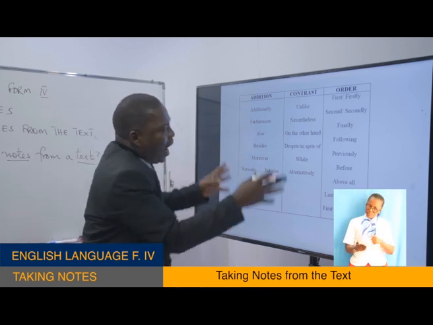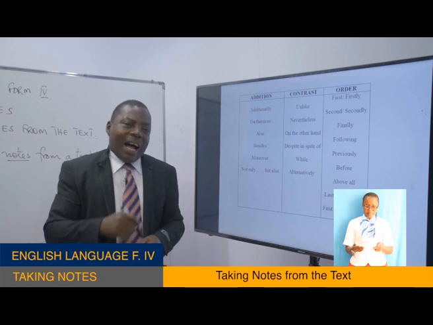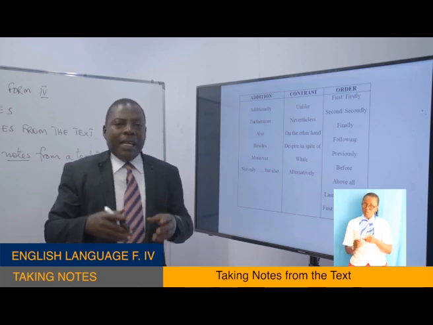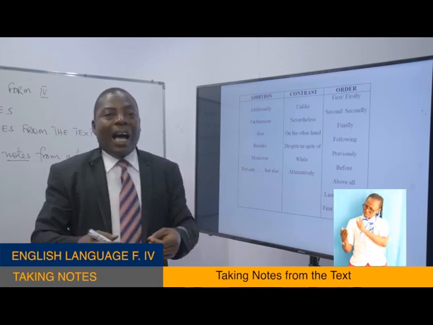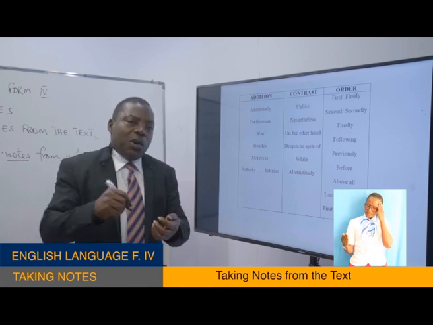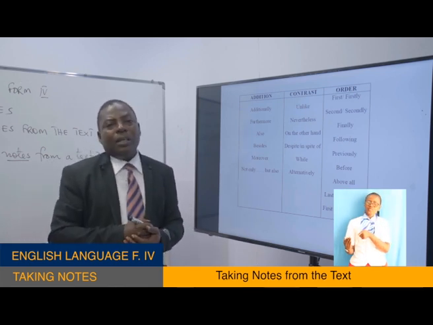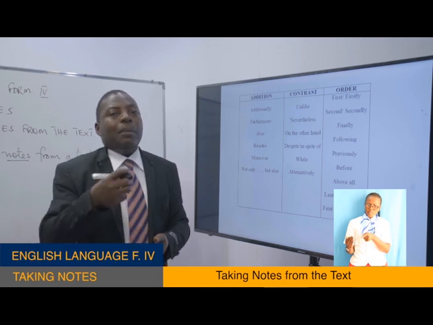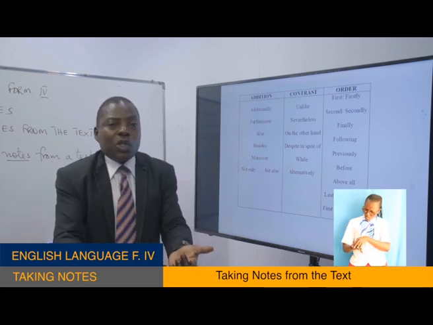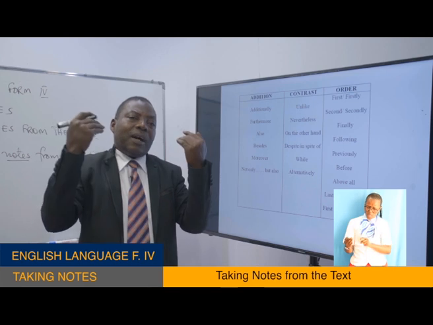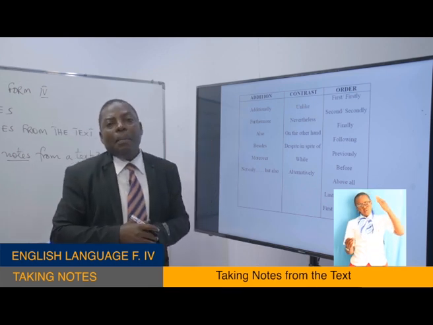So when we have these linking signals as we write notes, it helps us to know whether this is a new point that you should put down, or this could be an elaboration, or the writer is trying to refer to whatever has been mentioned previously.